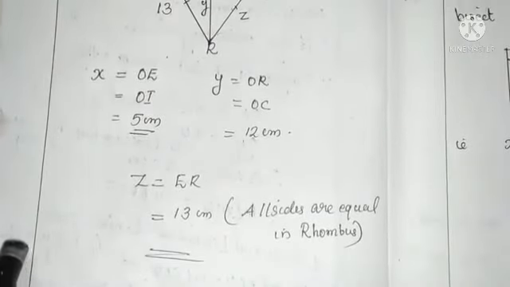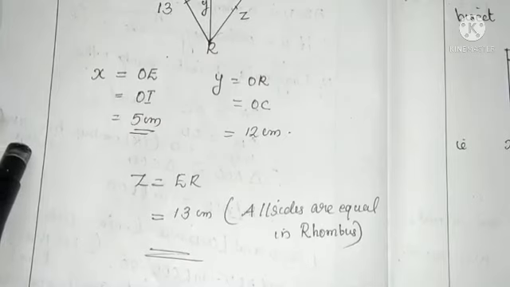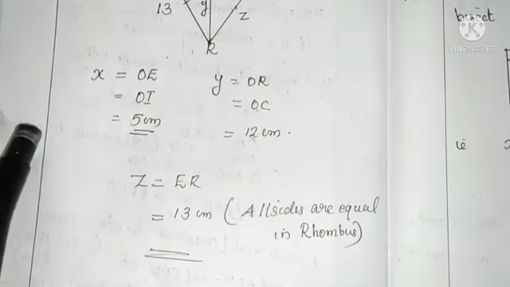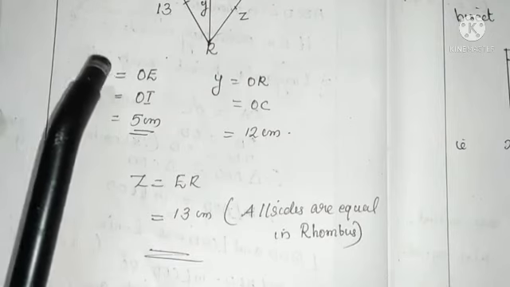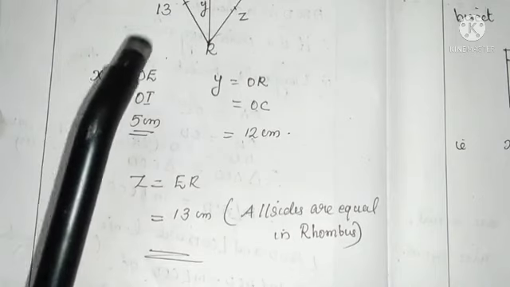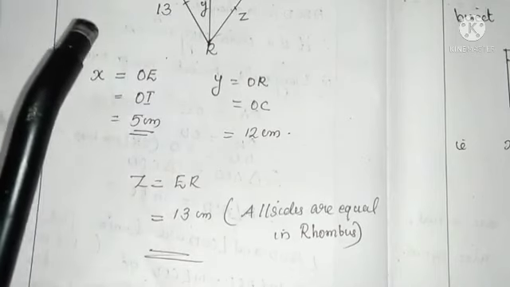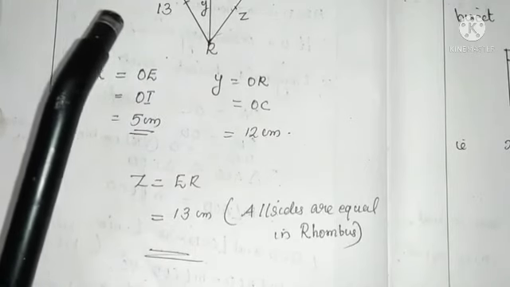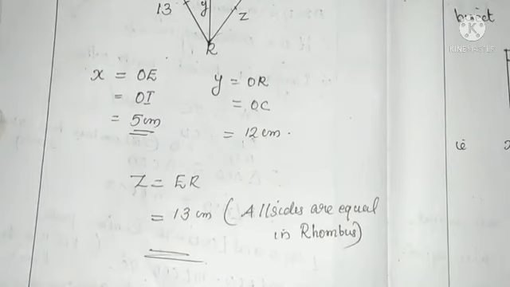Next is z. What is z? z is the length of the side RI, but it is given there ER. So we can write ER, RI, IC, CE. The four sides of a rhombus are equal. A rhombus is a parallelogram with equal sides.